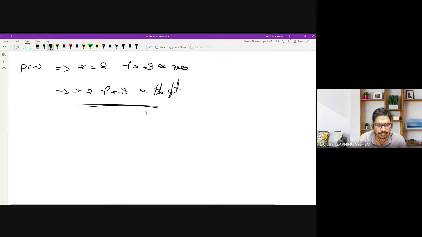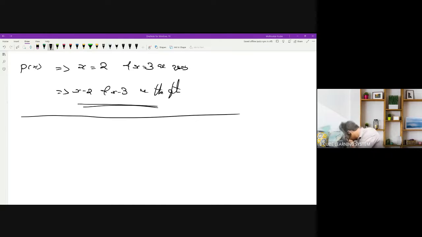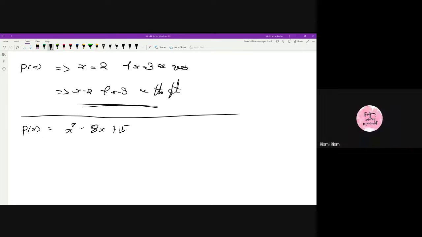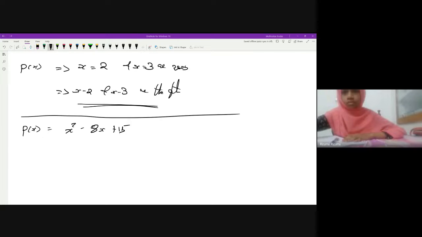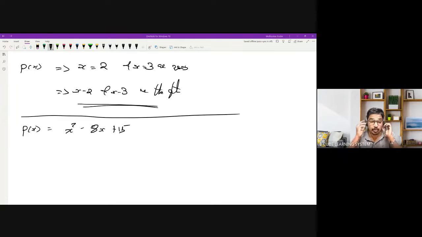If we have a polynomial P of x is equal to x square minus 8x plus 15, the polynomial degree tells me 2. It's a second degree polynomial.